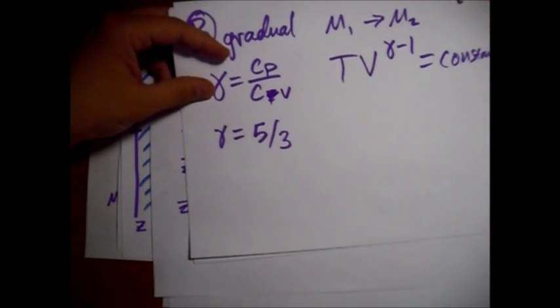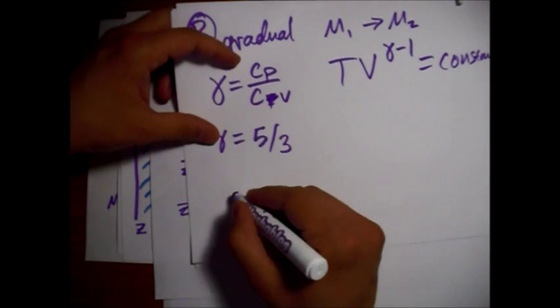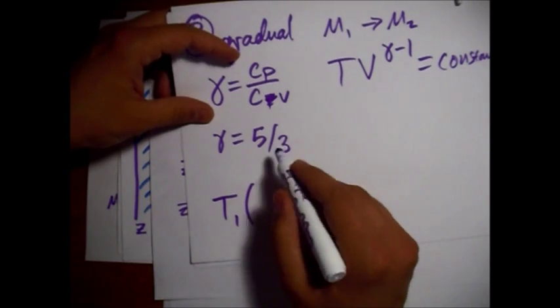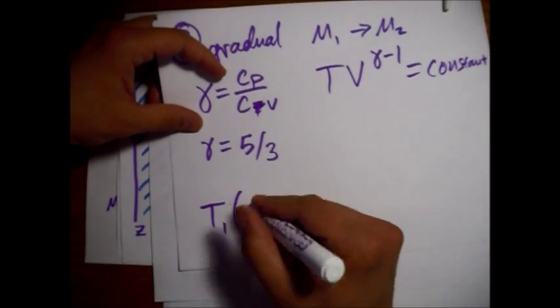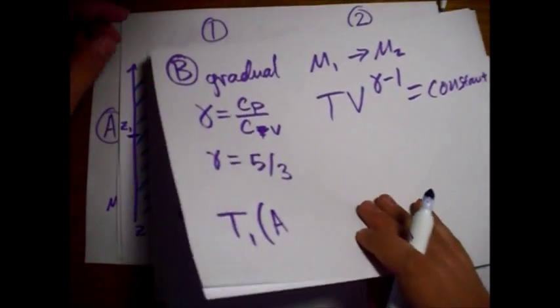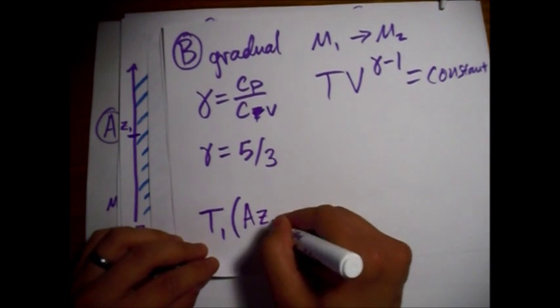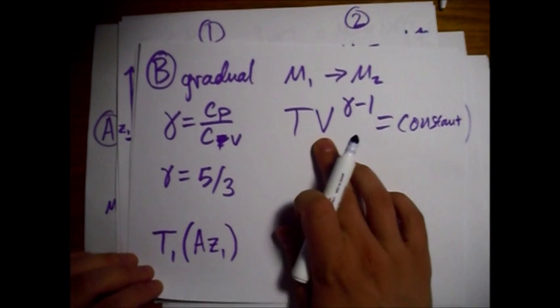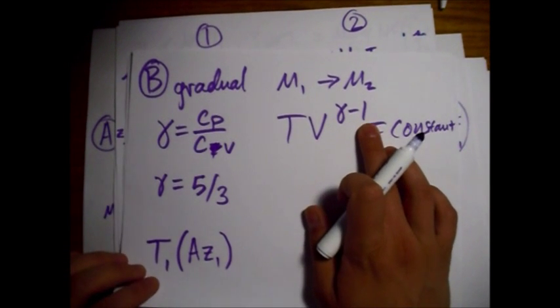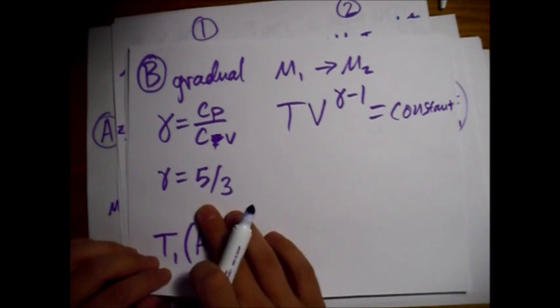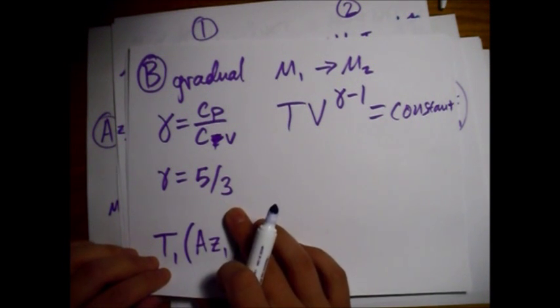So what this tells us is that we have T1 multiplied by the volume, which is A, the area of the piston, multiplied by Z1, so there's the volume. And then gamma minus 1 is, what is that? That leaves us with 2/3.